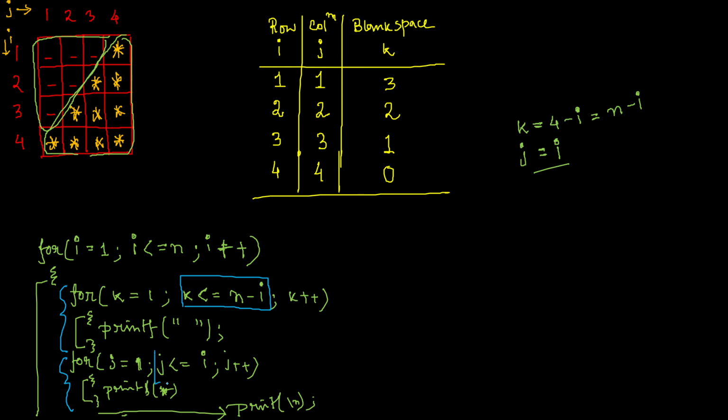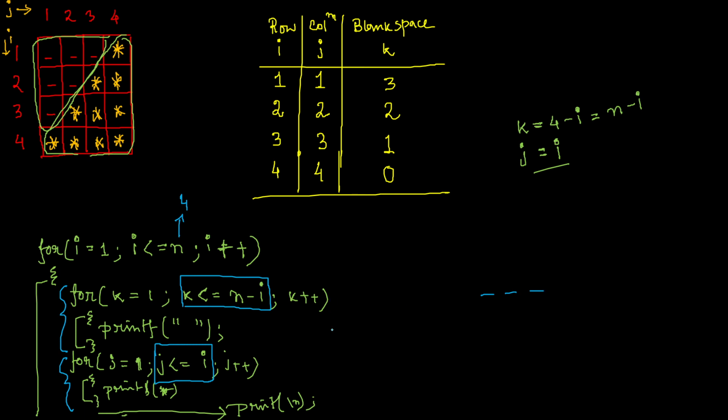If you do a dry run, when i equal to 1, then how many times will this k loop run? k equal to 1 to n minus i, where n is equal to 4, assume. So 4 minus 1 is 3, that means this k loop will run 3 times, and 3 blank spaces will be printed, which will not be seen.